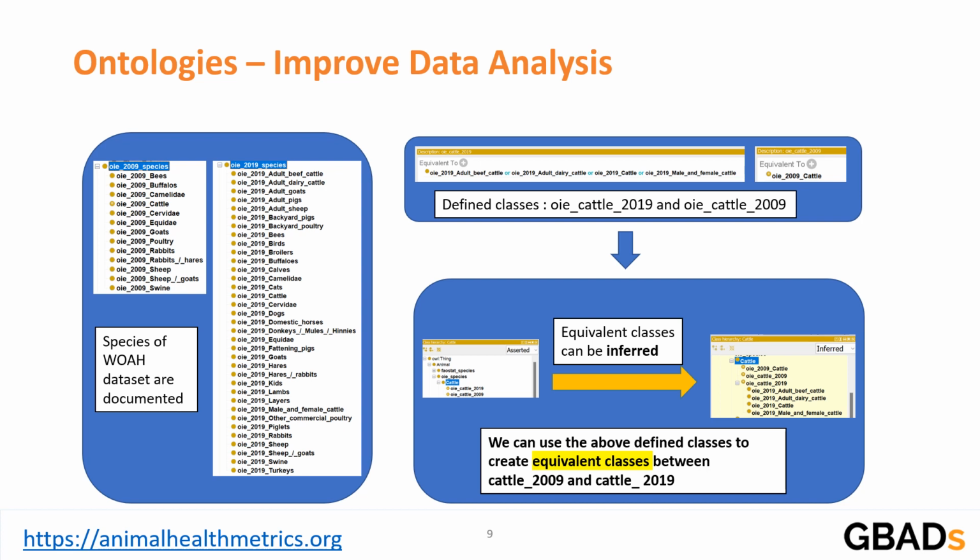So we can use the defined classes to infer equivalent classes between the year 2009 and 2019. So as you can see with my pointer on the right side, the class 2009 cattle and WOAH cattle 2019 are equivalent classes.